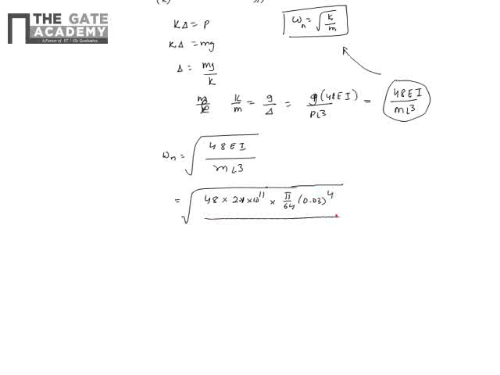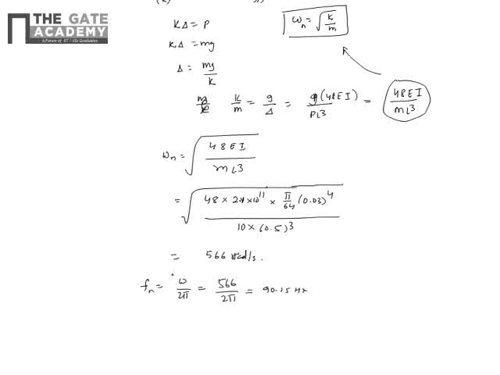Mass is 10 kg, length is 500 mm, so 0.5 whole cube. When I solve this, I get a value of 566 radians per second. I want the equivalent f, which is omega by 2 pi. If I divide 566 by 2 pi, I get a value in hertz of 90.15 hertz. Now this is my natural frequency.